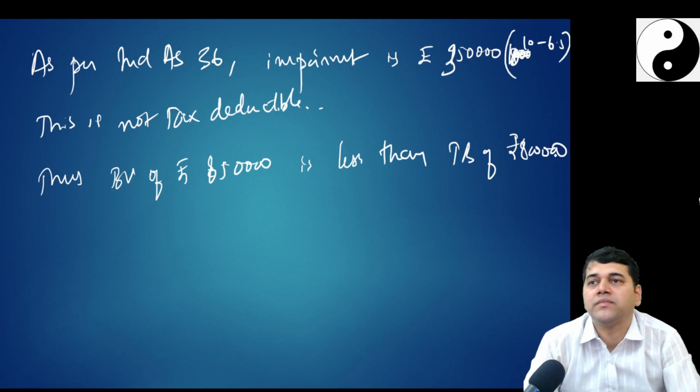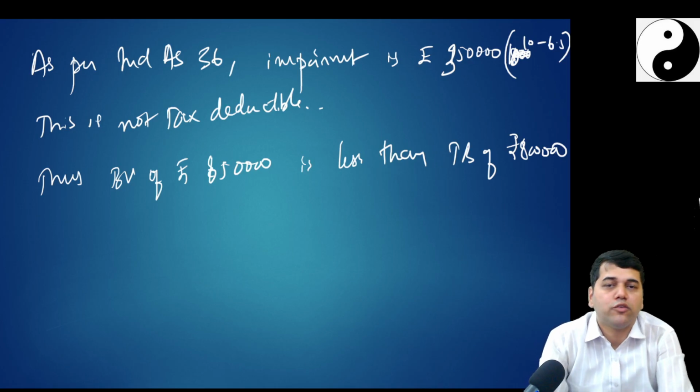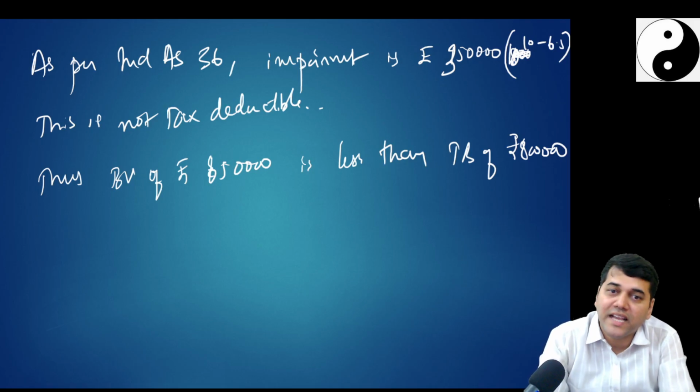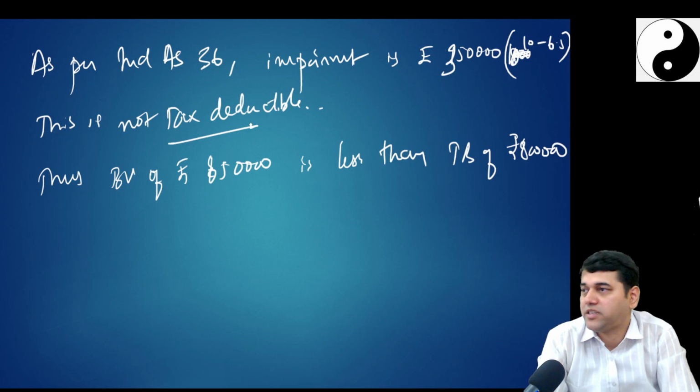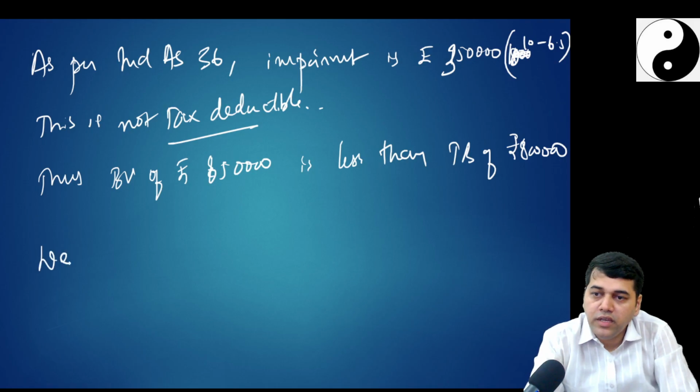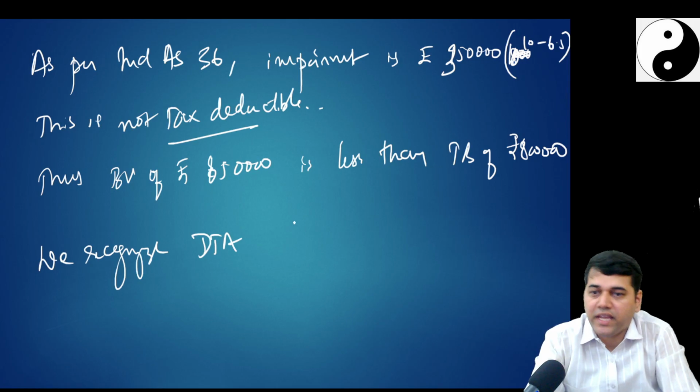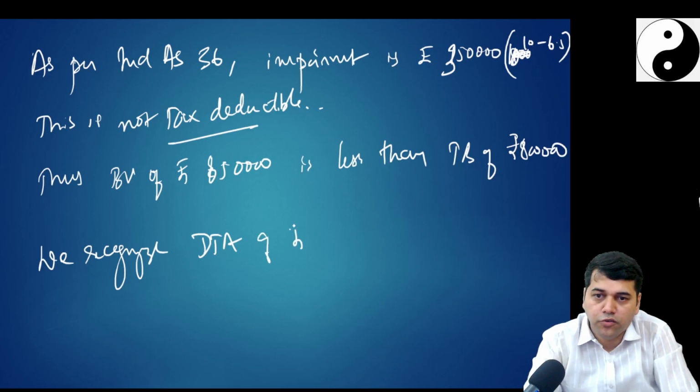Are you clear? How do we explain? First we explain that, look, we recognized one impairment expense, because of which the book value came from 10 to 6.5, which is less than the tax base. Why? Because it is not tax deductible. We recognize DTA of rupees 45,000.